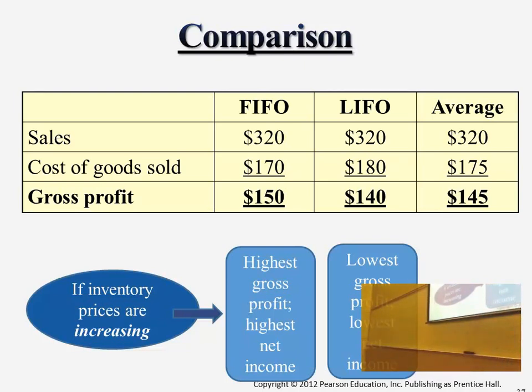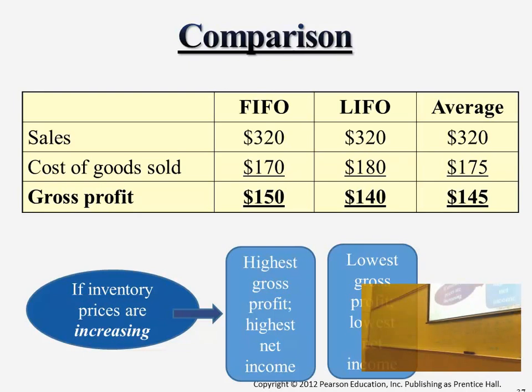Under LIFO, the advantage is that since gross profit is the least, when it comes to taxes, you will also be paying the least taxes compared to using FIFO. So in the case that this season, if a company wants to conserve some of the cash, if they think their operations are more tight, they may decide to use LIFO in terms of inventory costing to save some money.